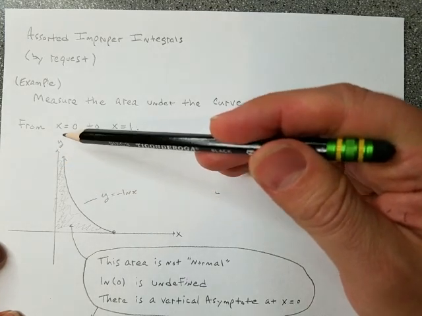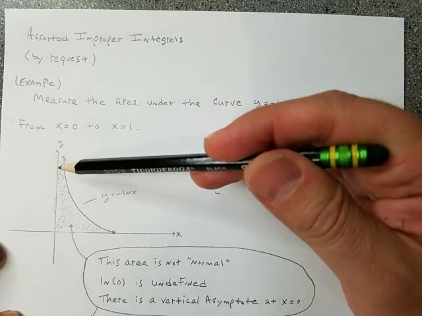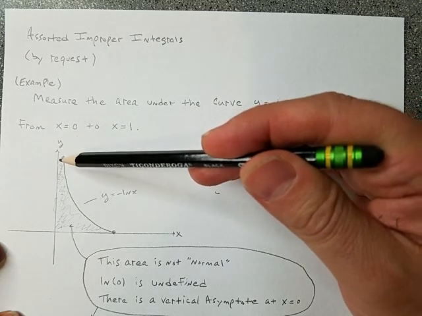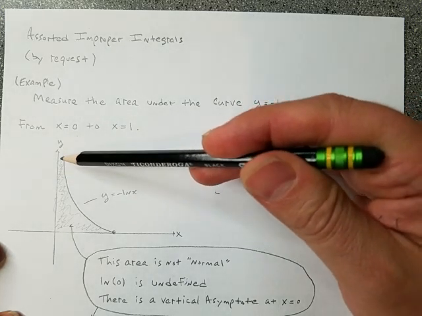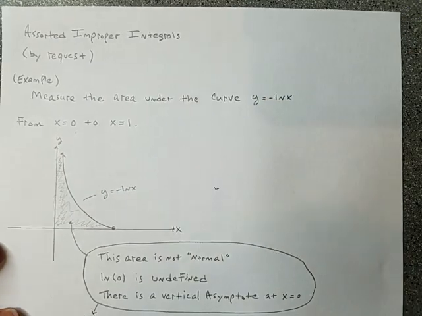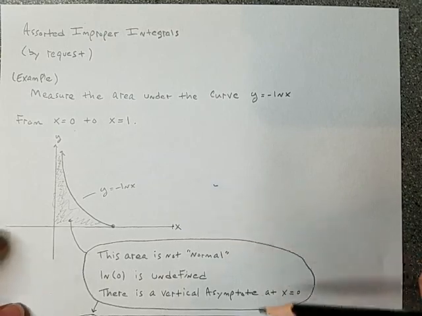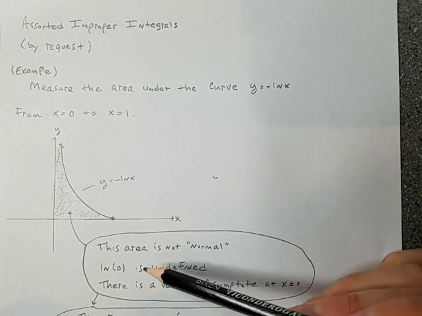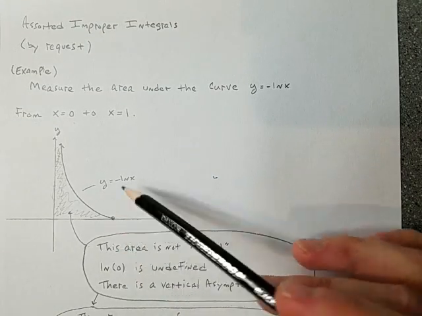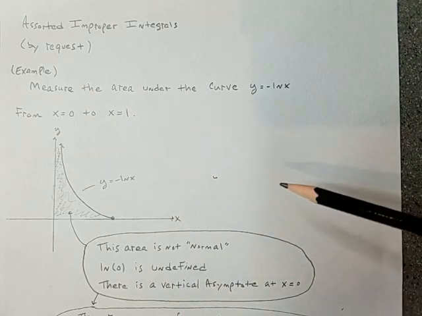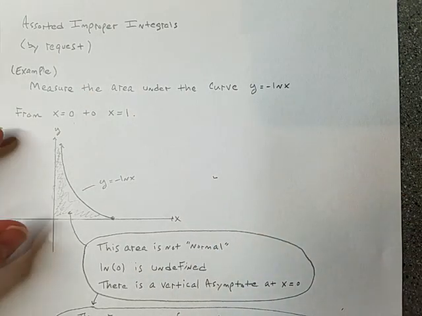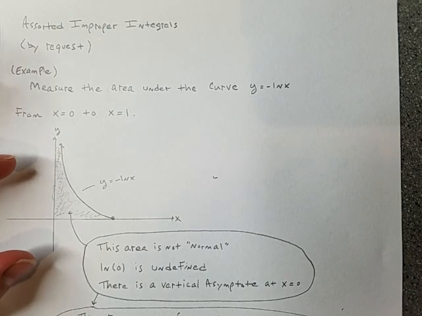It never has a point where x is equal to 0. This little gap just very gradually closes in, smaller and smaller, but it never disappears, all right? That's why this is not normal. Okay, the vertical asymptote, the fact that 0 is not even in the domain of that function. Okay, so this is not a normal kind of problem.